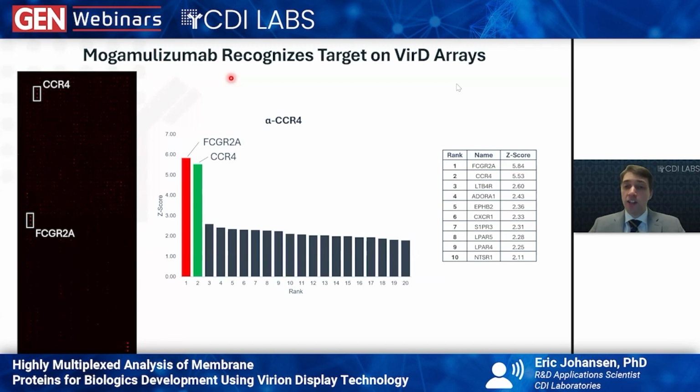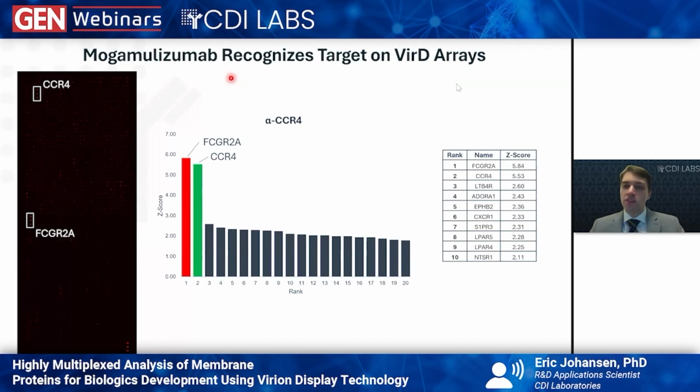Given that we are adding human antibodies with the Fc region for IgG, it makes sense that we would see binding to these areas. We want to ensure, though, that the binding to these areas is caused by the Fc receptor interacting with the Fc region of the IgG, and that it is not the CDR region of the antibody interacting with the receptor displayed on the surface of the virion.